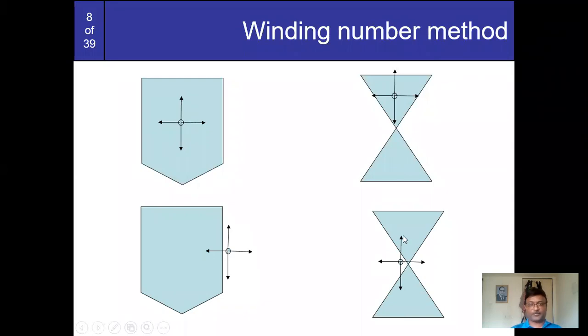Similarly, suppose this is my point that I have traced x plus, x minus, y plus, y minus, and only x minus is not intersecting, but the remaining 3 are intersecting the polygon. That means this point is outside the polygon.